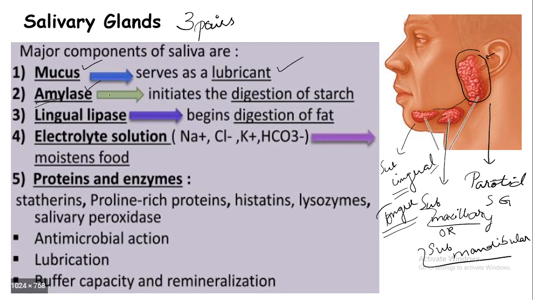Alright, so this amylase initiates the digestion of starch. Whatever food we consume, remember the carbohydrates that we consume in the form of, let's say, potato or rice, they are all complex carbohydrates, also categorized and named as starch. So the digestion of carbohydrates partially begins in the mouth itself.